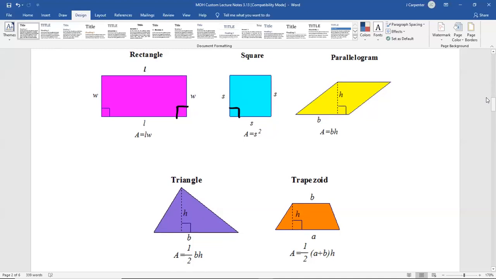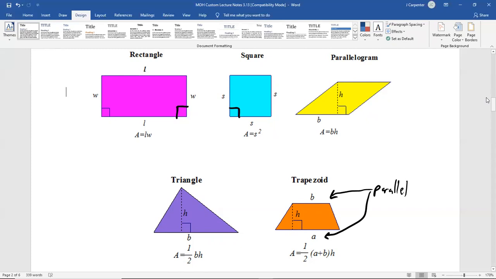So a parallelogram is a trapezoid, a square is a trapezoid, a rectangle is a trapezoid, but not the other way around necessarily. So a trapezoid still has 4 sides, and 2 of them run parallel. It's the A and the B that run parallel to each other, but then the other 2 sides do not.